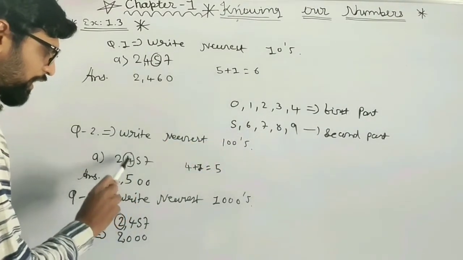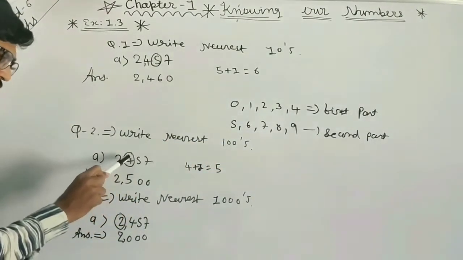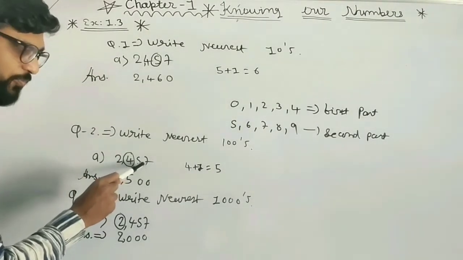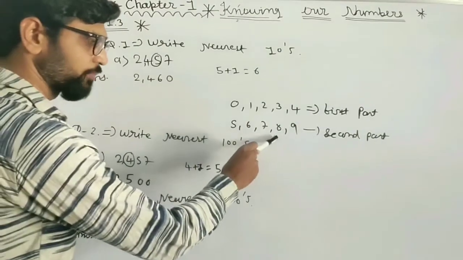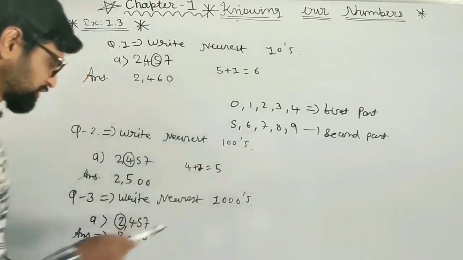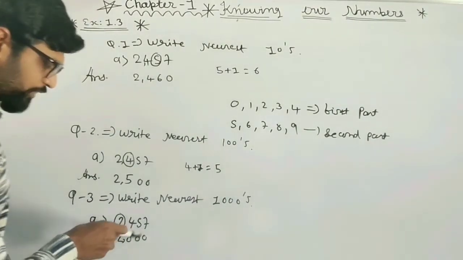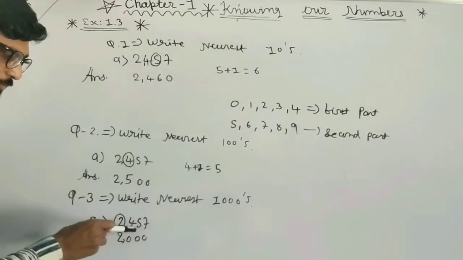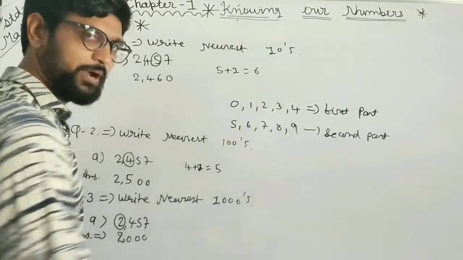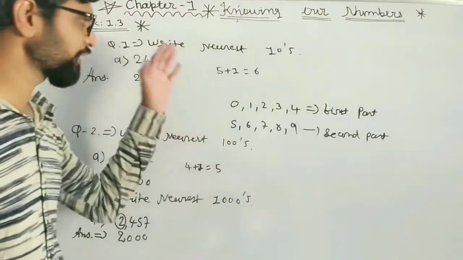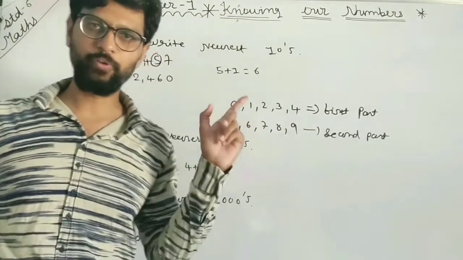Here I added 1 to the 4 because after 4 is given 5 and 5 came from the second part. But no change in 2 because after 2, 4 is given and 4 came in the first part of the numbers. Is that clear to everyone? This is your explanation of exercise 1.3.